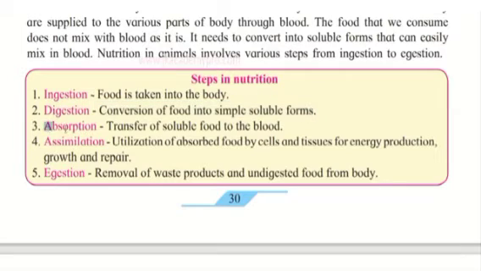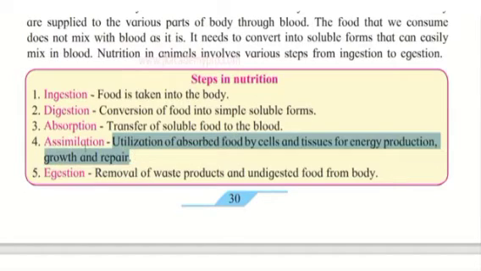Then absorption. This is transfer of soluble food to the blood. When the food gets digested in our stomach, it has to go into the blood. That is called absorption, when the blood absorbs these nutrients. So that is the next step. And assimilation. Now, what is assimilation? Utilization of absorbed food by cells and tissues for energy production, growth, and repair.